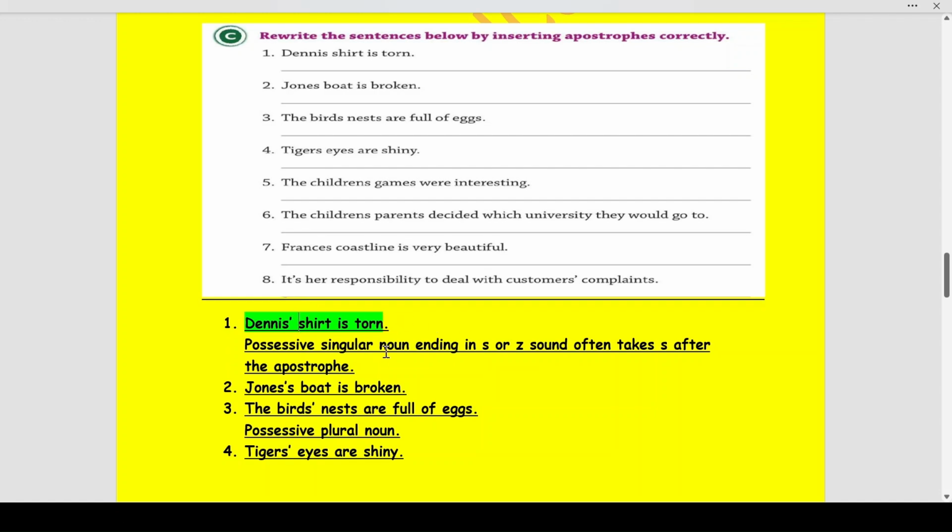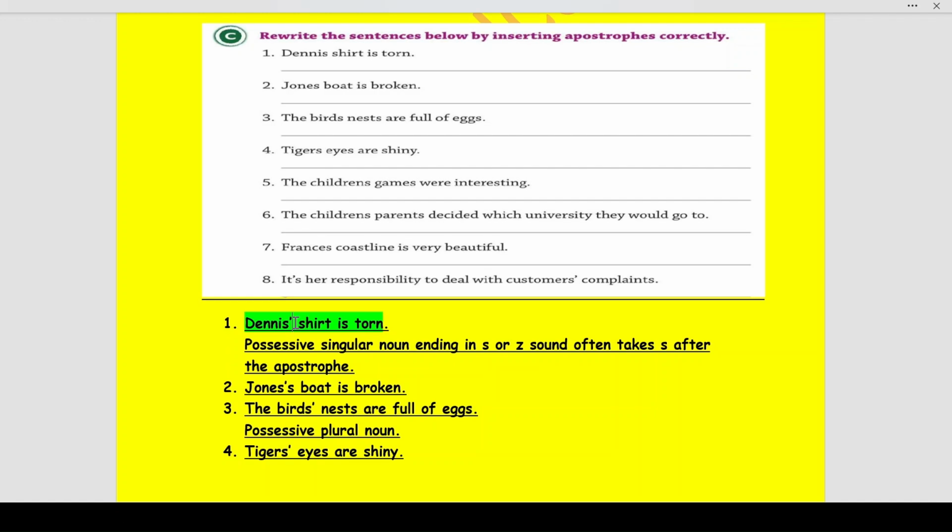Now, a possessive singular noun ending in S or Z often takes S after the apostrophe. So here, to clear your confusion, first I deleted S to show you the mistake that you can make.